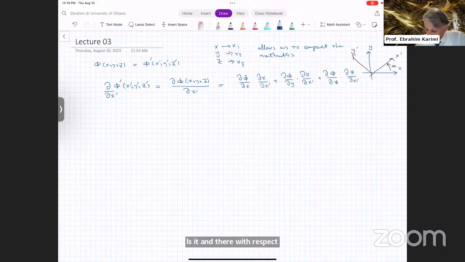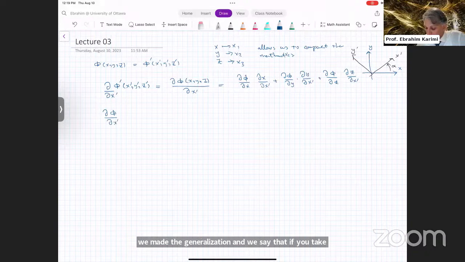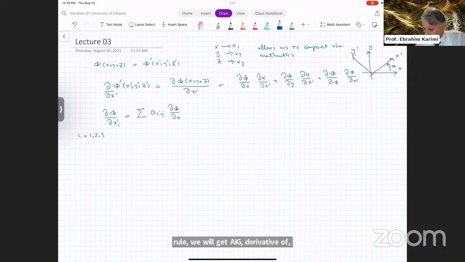So from this, we made the generalization, and we said that if you take the derivative of phi with respect to x prime i, where i is now an index changing from 1 to 2 and 3, then using the chain rule we will get a_ij times the derivative of phi with respect to x_j. And from here, we introduce an operator.